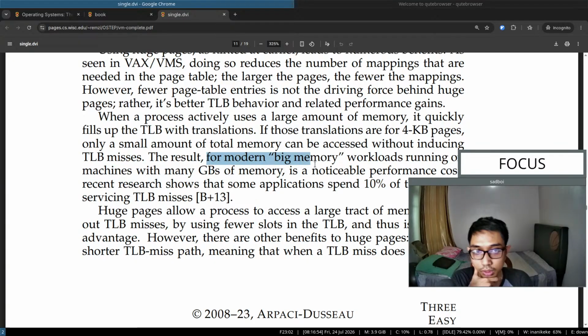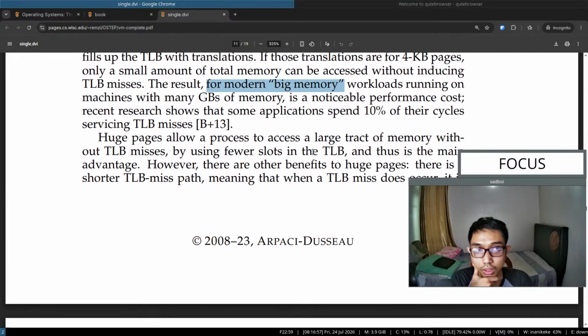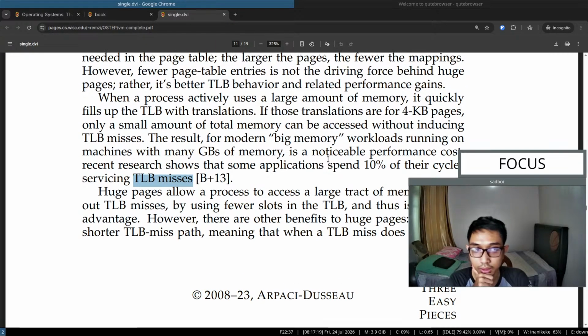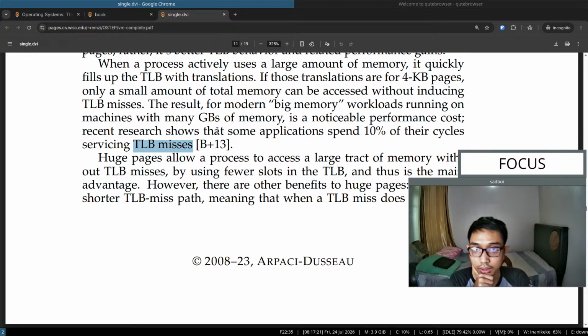The result for modern big memory workloads running on machines with many gigabytes of memory is a noticeable performance cost. Research shows that some applications spend 10% of their cycles servicing TLB misses.